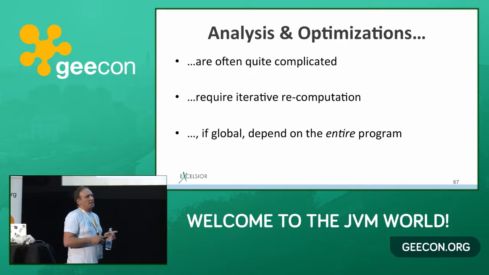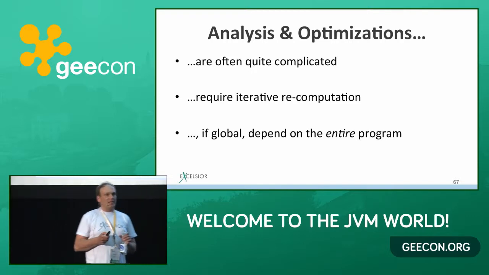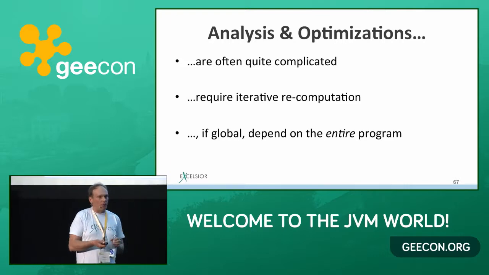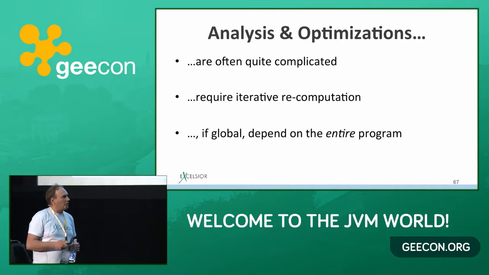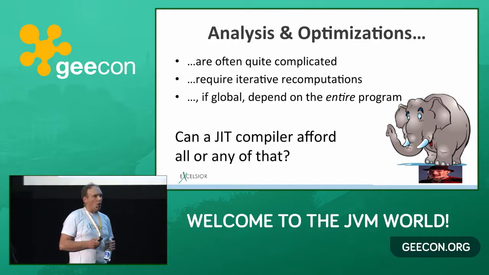And the global analysis depends on the whole program. So the volume of information it produces depends linearly on the size of your program. So in our static compiler, we store the results of global analysis on the hard drive because it does not fit in RAM. So the final question is, can a JIT compiler afford all of that?